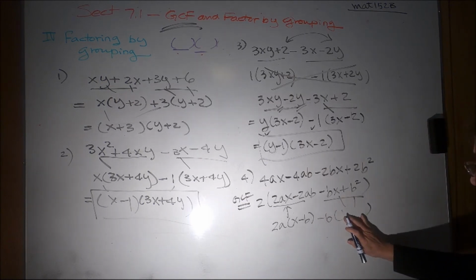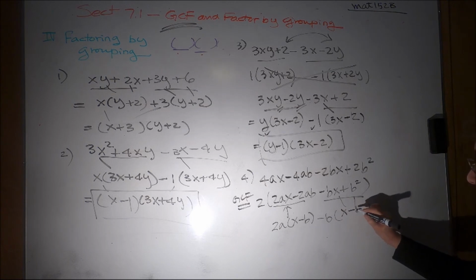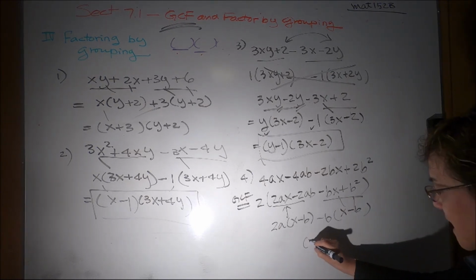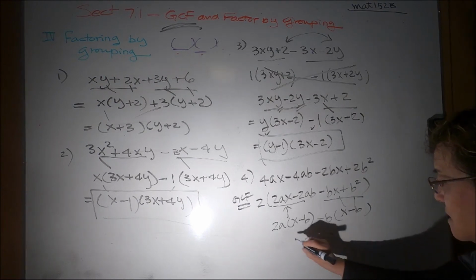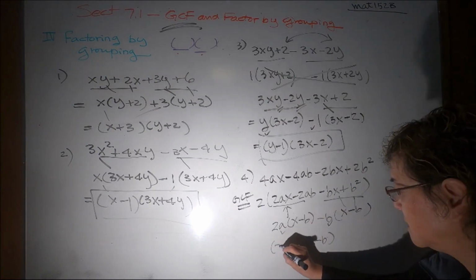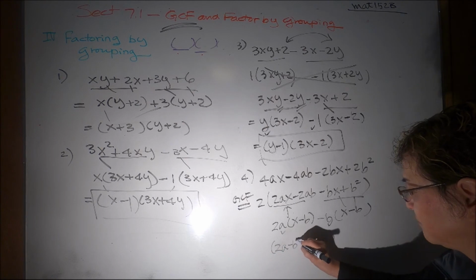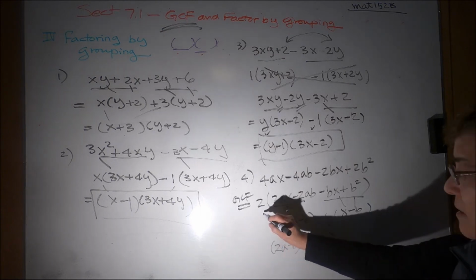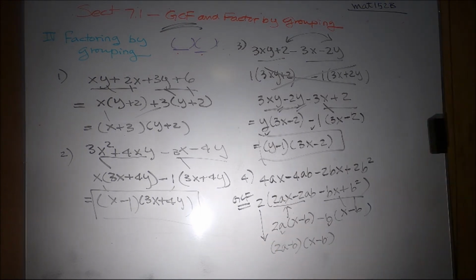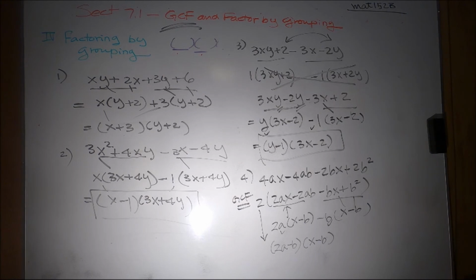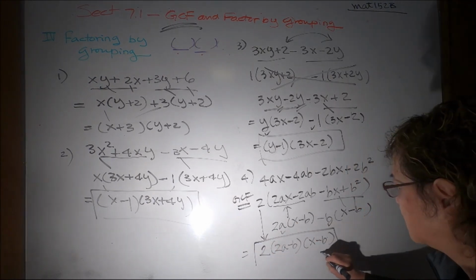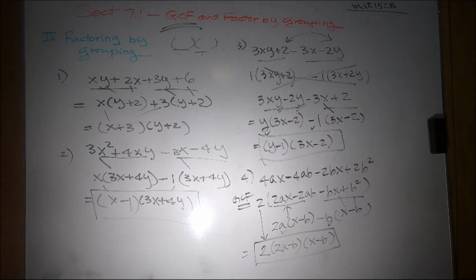B. Oops, that's x minus b, right? Then for these two groups, what do we have in common? X minus b. Then you write what's left over here. Is this the final answer? Not really, because we have 2 originally there, so we have to carry down the 2. So that will be your final answer.